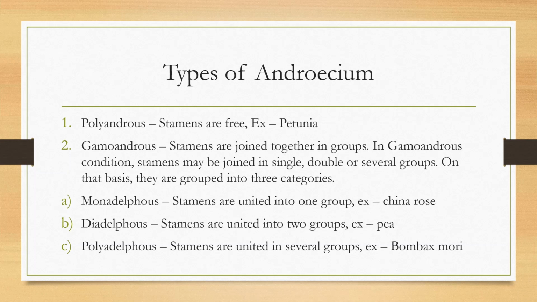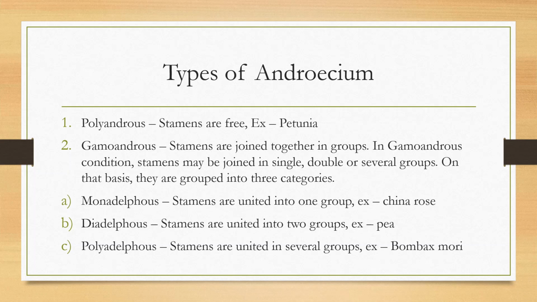Number of stamens varies from flower to flower. And gamoandrous condition is when stamens are joined together in groups. In gamoandrous condition, stamens may be joined in single, double or several groups. On that basis, they are grouped into three categories. First category is monadelphous, where the stamens are united into one group, for example China rose.